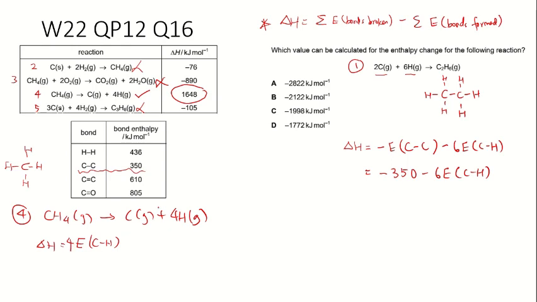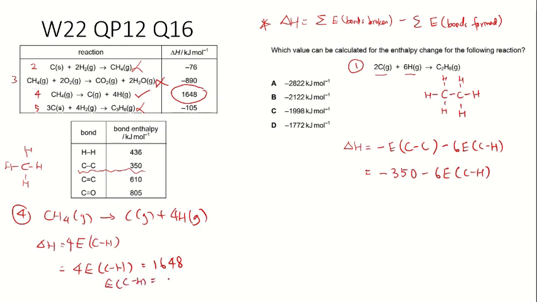Products are gaseous atoms, so there's no bonds being formed in the product. So no energy is released from the formation of product. So delta H is only for 4 C-H bond enthalpy. So 4 times E(C-H) equals 1648.